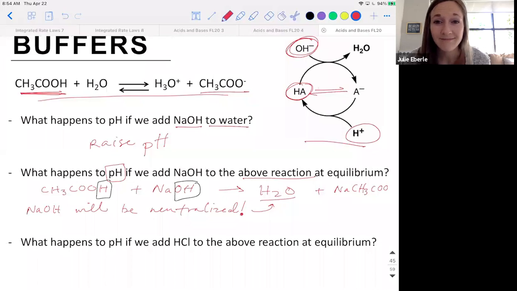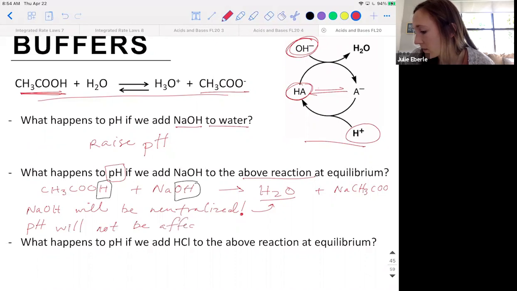Nothing, right? It's not going to change. pH will not be affected. Because this is what a buffer does. It's resisting a change in pH by neutralizing anything we add to it.